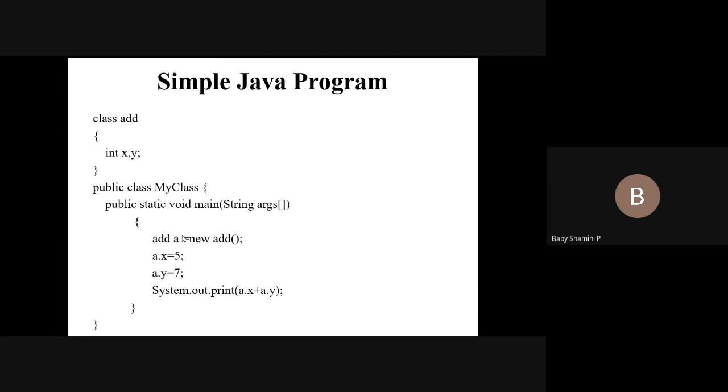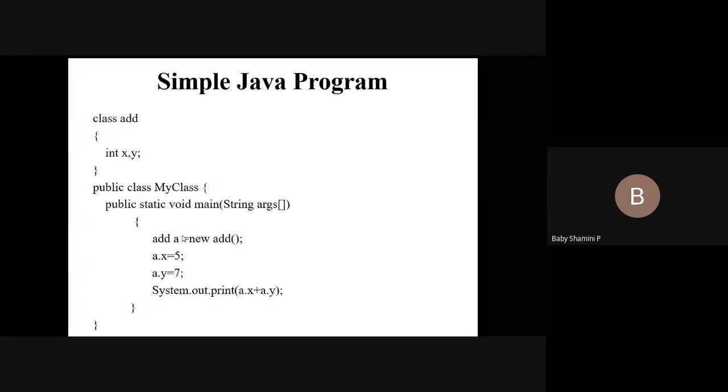Next, I want to access the variables in the class add. How can I access the variable from the class add? I can create an object to access the variable. For that, I am going to create an object of add, that is the class name of the previous class. Add, object name is a, equal to new add. So you create an object a.